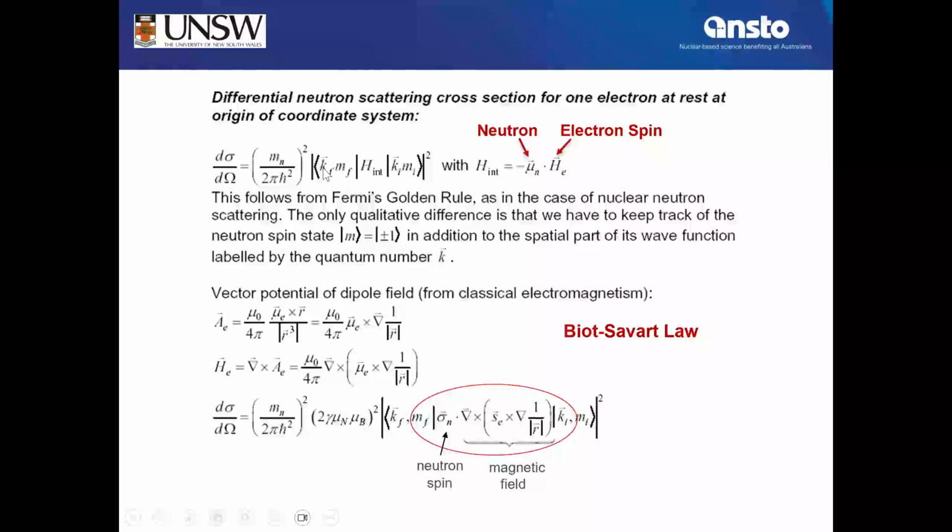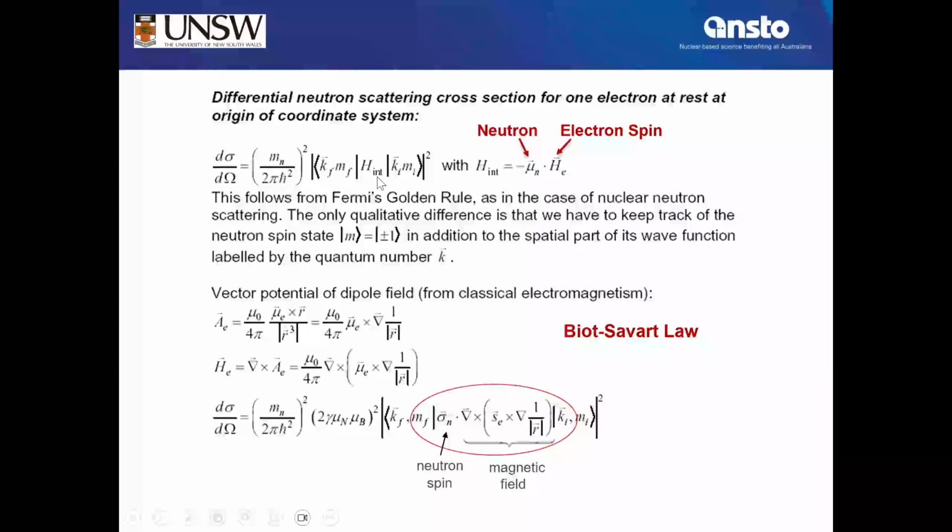And then the matrix element, the interaction matrix element squared. We have the incoming neutron, and here in addition, the magnetic direction, the spin state of the neutron. And here the initial, and here the final neutron. In between, the interaction potential. So this is the same shape as for nuclear scattering.